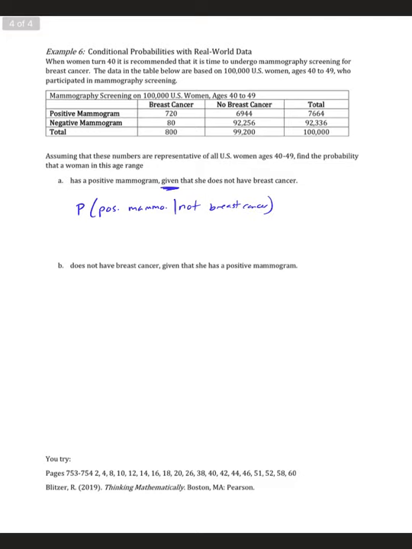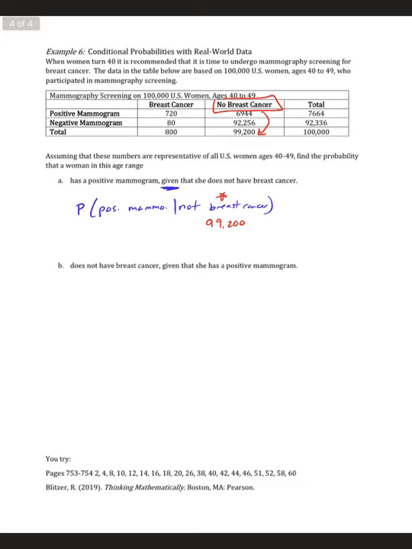Again, you always want to start with event A here. So we want to look at, okay, how many women do not have breast cancer? And we'd see that 99,200 women do not have breast cancer.